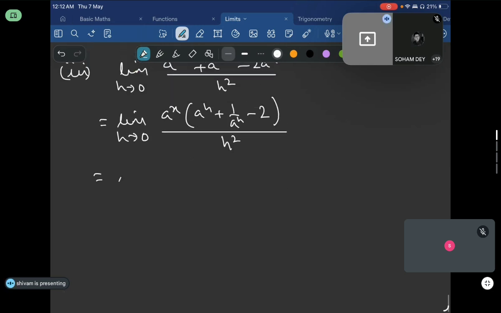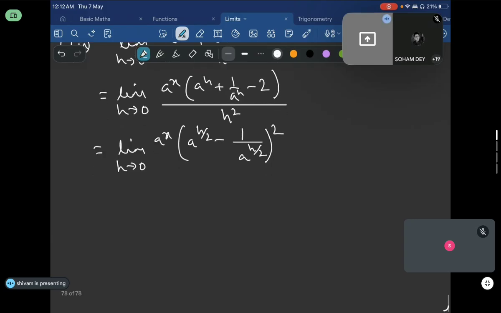So this will become limit h tends to 0, e to the power x multiplied by... See, it is a perfect square. It is actually e to the power h by 2 minus 1 by e to the power h by 2 whole square, divided by h square. Forgot to write h square.